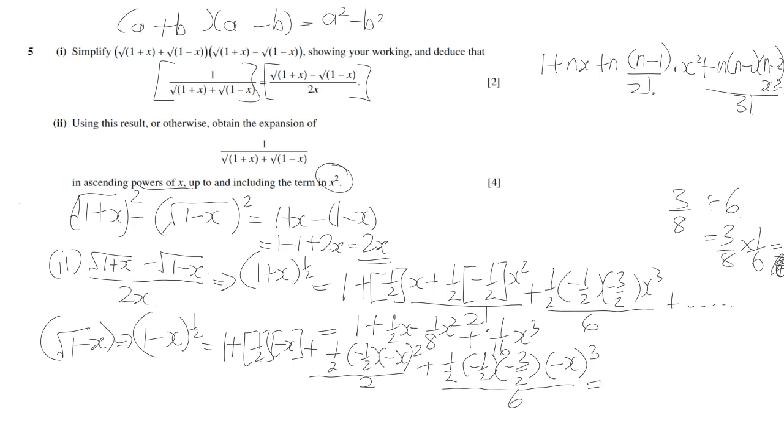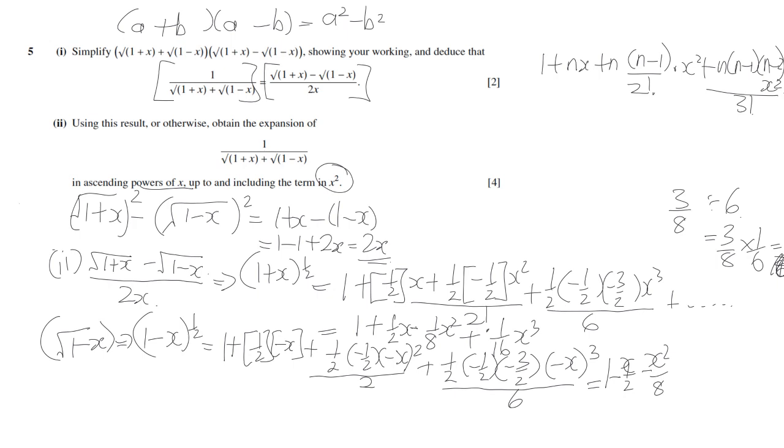Okay, so let's simplify this. That gives me 1, minus half x, or x over 2, and then negative 1 over 4, and that's positive x squared. So 1 over 4 divided by 2 is 1 over 8, so negative 1 over 8 x squared, or x squared over 8.